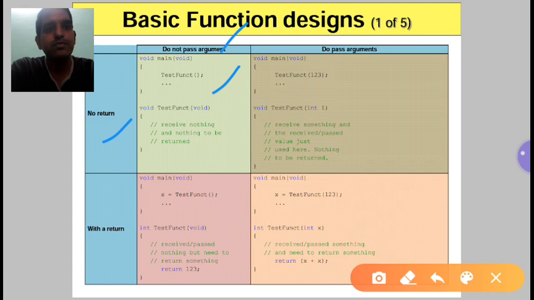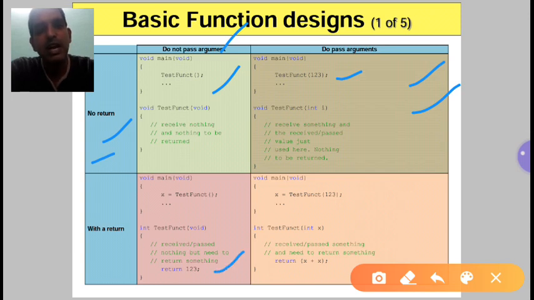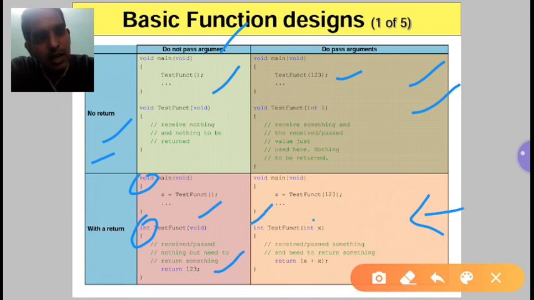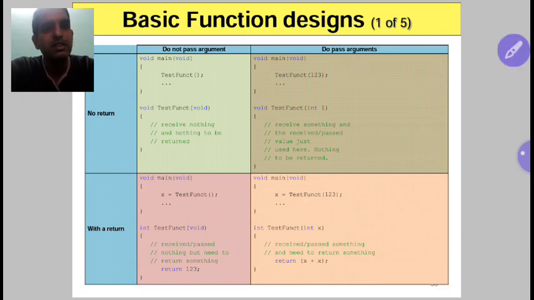The second is where you don't have a return type but you have parameters, which we write inside the function parentheses. The third is where you have a return, meaning in the function definition we will have a return, so you have a return type but no parameters. The fourth type is where you have an int return type and integer parameters. We'll be seeing these 4 designs one by one in the further slides.